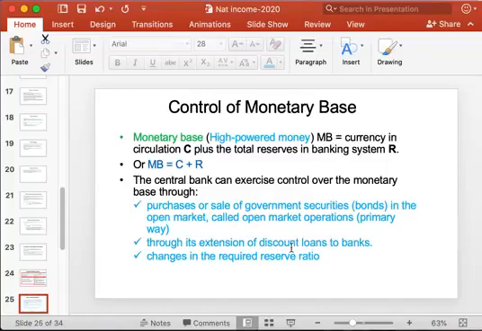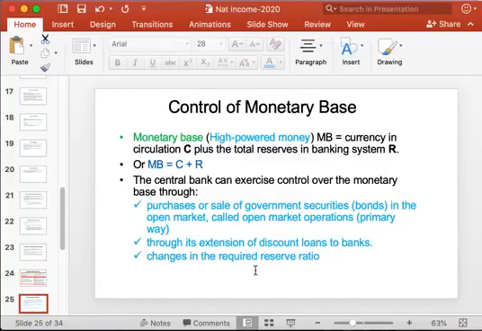So the central bank can actually provide discount loans to the banks and then provide the money or the currencies to the banks, and that money can be circulated into the economy.